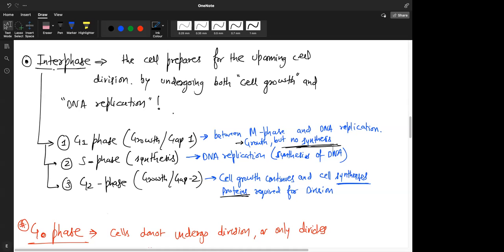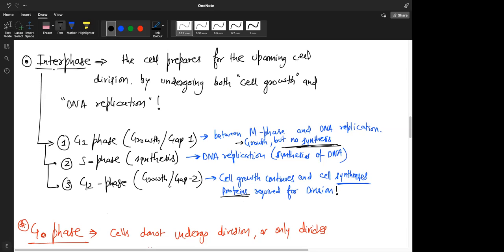But here we are talking in terms of cell division. The synthesis of proteins done in G2 phase is the proteins required for division. I'm not talking about housekeeping proteins or normal proteins that are required every time, because without synthesizing something, a cell cannot survive. But here it is with respect to division.